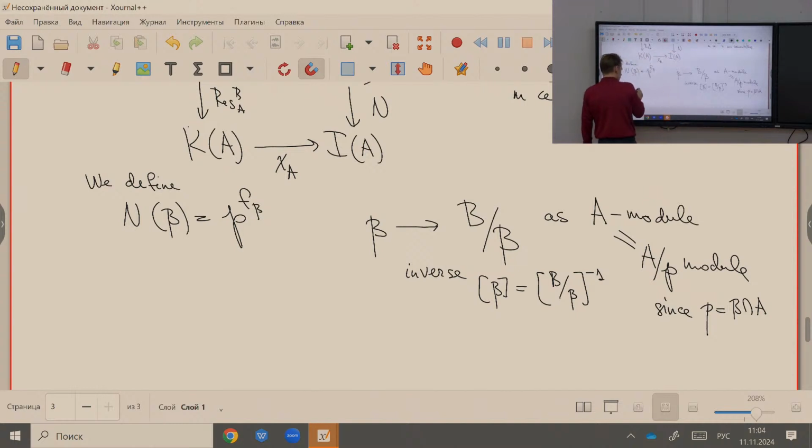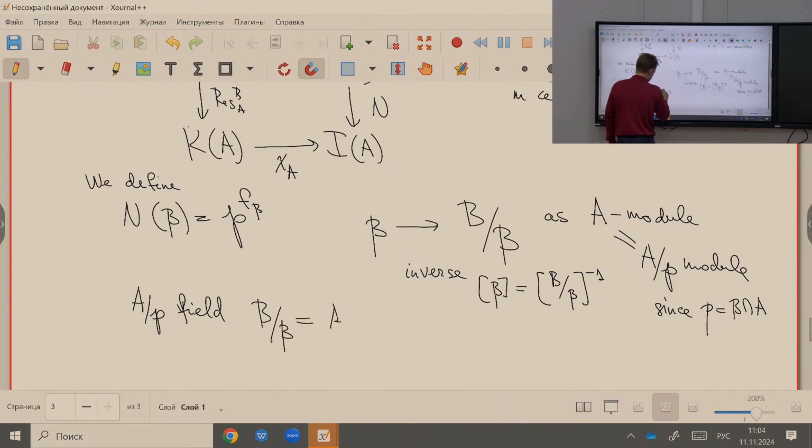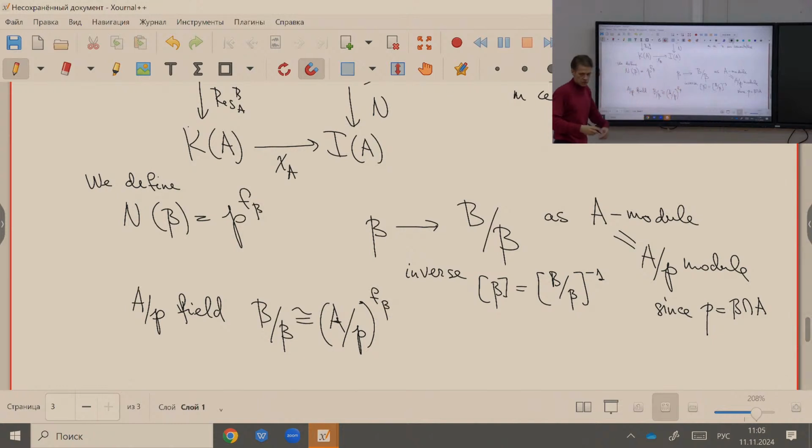Since A mod P is a field, B mod beta is A mod P to the power f beta as A modules. So this is a sum of the corresponding copies.